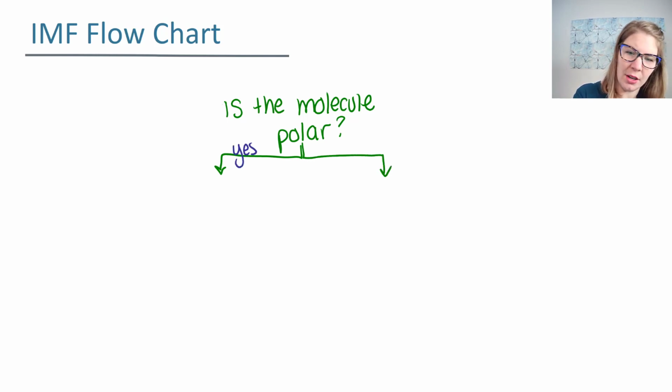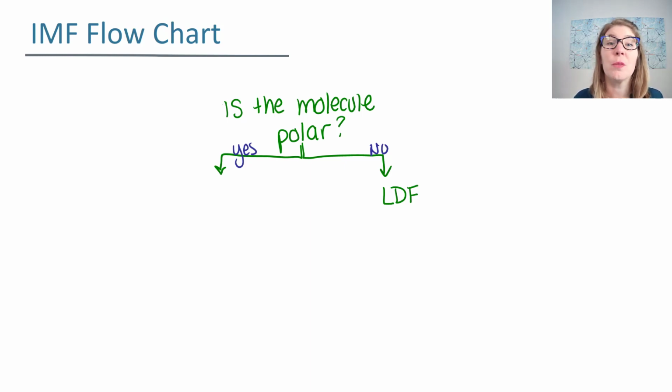So yes and no. All right, if your molecule is nonpolar, there's only one force you can have. And that one force that you can have is your London dispersion forces. Some people might call London dispersion forces van der Waals forces. I like to call it London dispersion forces because then I can abbreviate it LDF. So if my molecule is nonpolar, then all I can have is London dispersion forces.